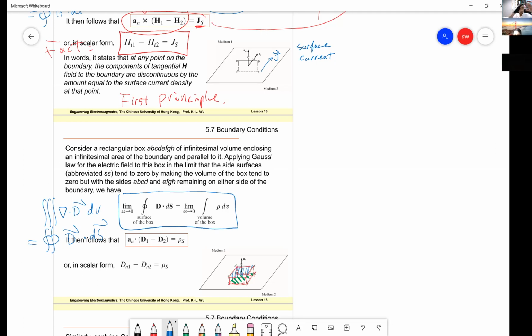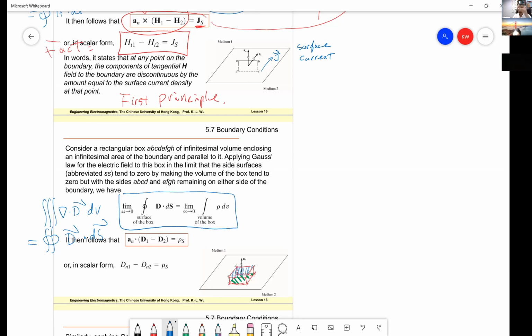Because of this box, when I press it, the four side walls' area becomes 0. So I only need to deal with the surface integration on the two surfaces, top and bottom.